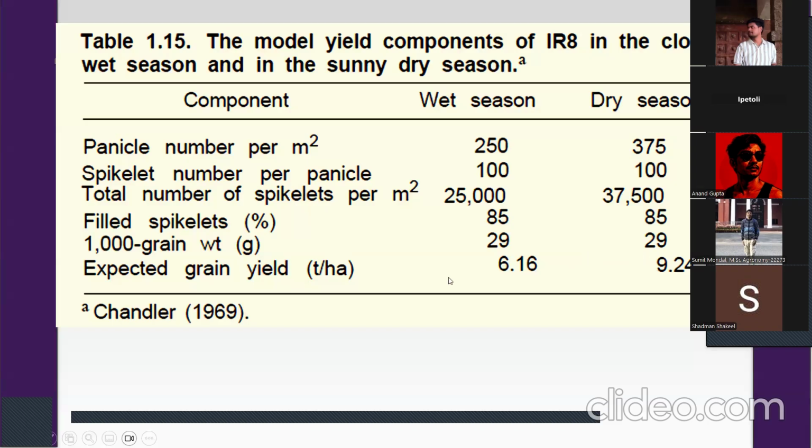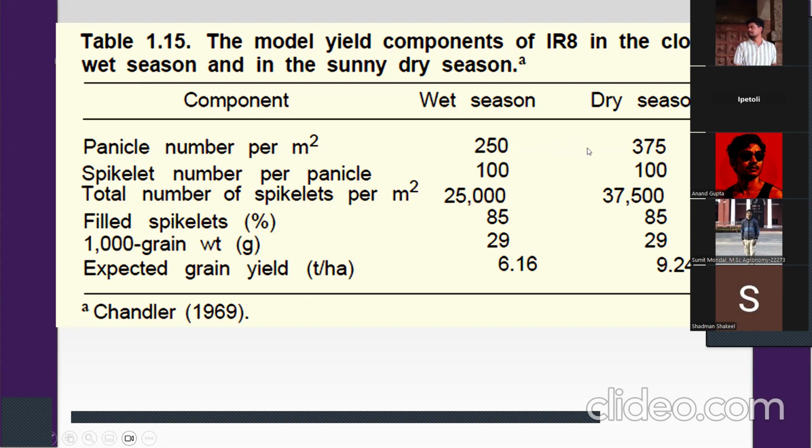So what message is this slide giving to us? The message is that you see spikelet number is same, filled spikelet is same, 1000 grain weight is same, but the panicle number is different.